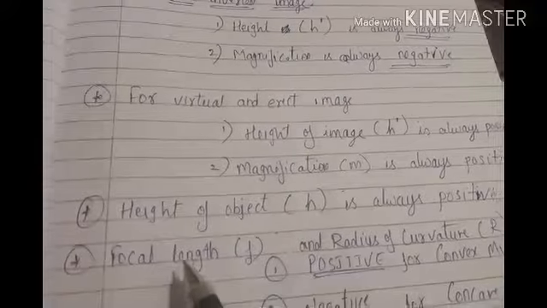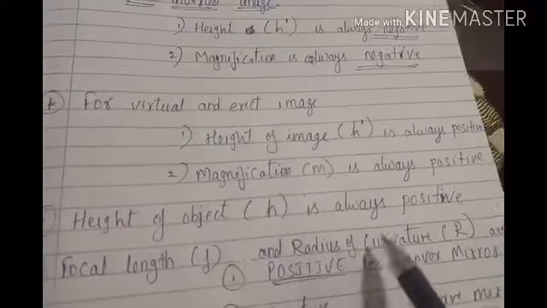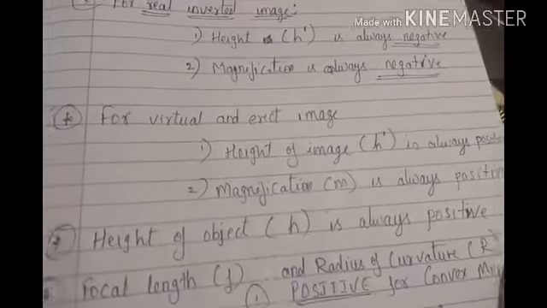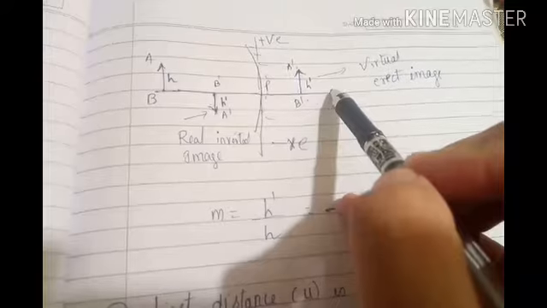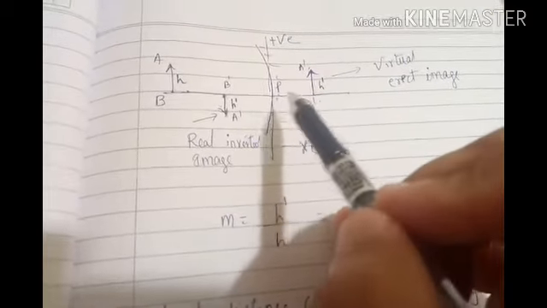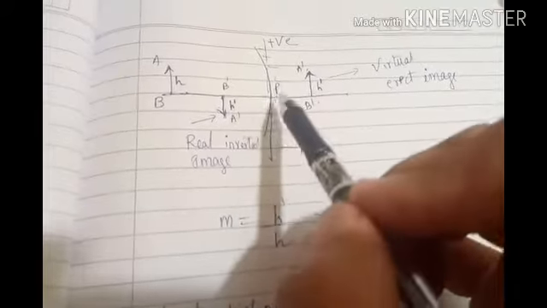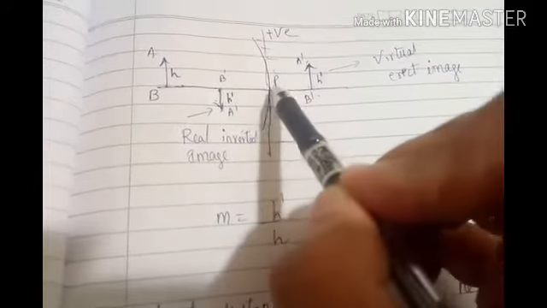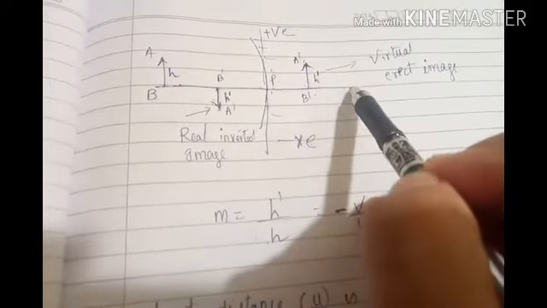Now focal length f and radius of curvature R are positive for a convex mirror. Why are they positive? Because they are present on the right hand side. You can check in your textbook or the PDF that I sent earlier. The focus and center of curvature are on the right hand side for a convex mirror, so the focal length and radius of curvature are always positive.